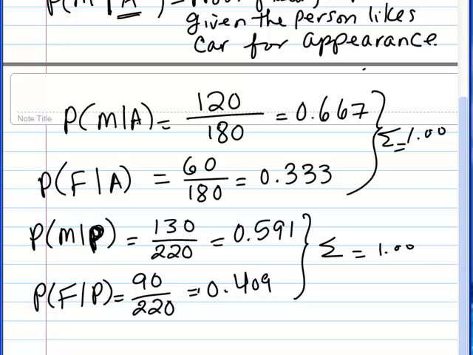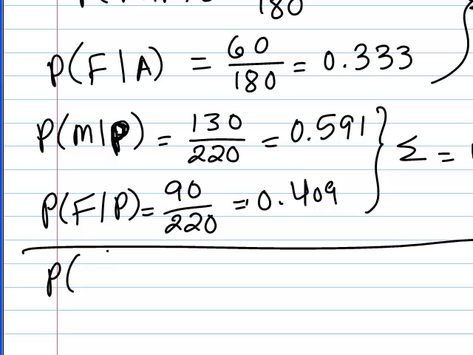But so far we've looked at the given event being the reason for purchase, either appearance or performance. We can also compute conditionals for the other event. Given that you're a male, what is the probability that you buy a car because of its appearance?